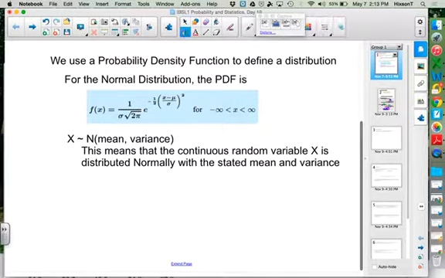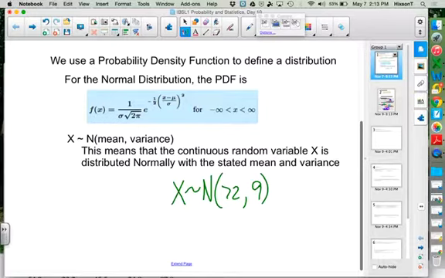So you might see something like x is distributed normally, and then you'll see 72 and, let's go with 9. And from that, you can tell a little bit about that information. First of all, 72 is the mean, and then 9 is the variance.